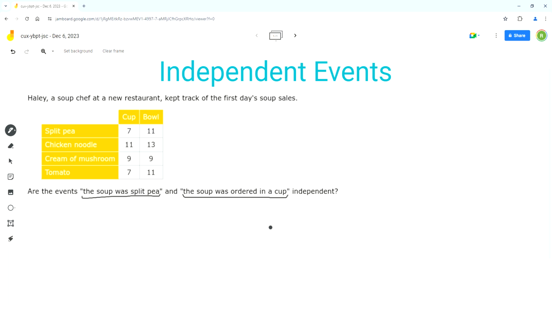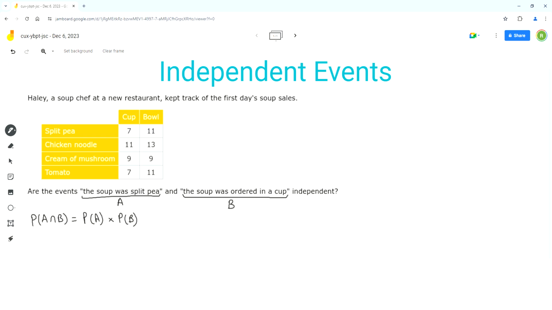For that, we'll have to use the equation for independent events: probability of event A and event B equals probability of event A times probability of event B. Let's assume event A is that the soup was split pea, and event B is that the soup was ordered in a cup.